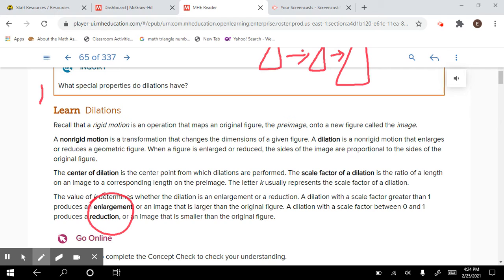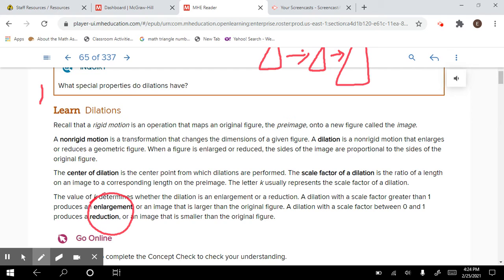A reduction is when the shape gets smaller and it happens to be a fractional portion of that size. So it's half the size or a third of the size or a quarter of the size. But the only thing that really remains the same is the angles in which your shape is enclosed by. So it has to have the same angles and then those proportional sides.